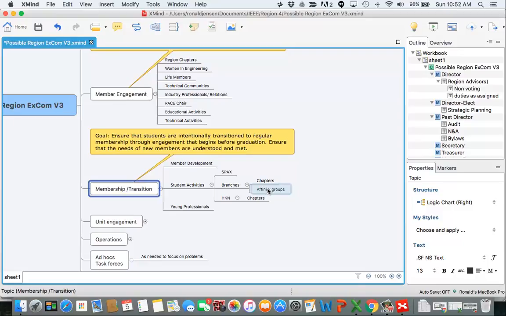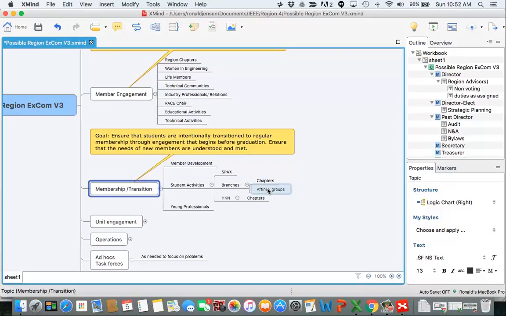By far most of our branches never even file their reports because the amount of money they get back in exchange is so minimal. It's like $50 plus $1 per student member, and even in small branches, their budget may be several thousand dollars a year, so we contribute such a small amount that it doesn't really make a lot of sense.